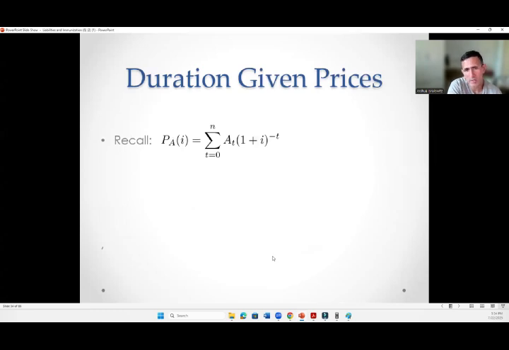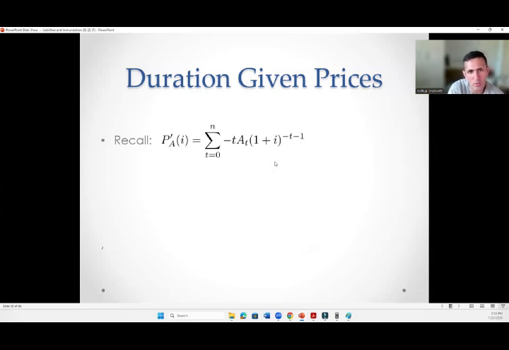Okay. So let me just go over what I just said. First, the present value of my assets is just the sum of the present values of your assets. Not much to that. You're discounting your assets appropriately.